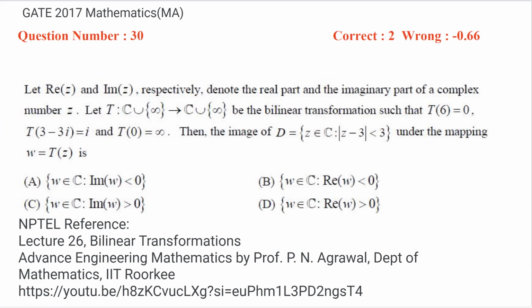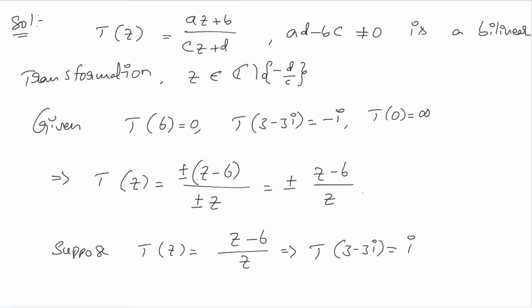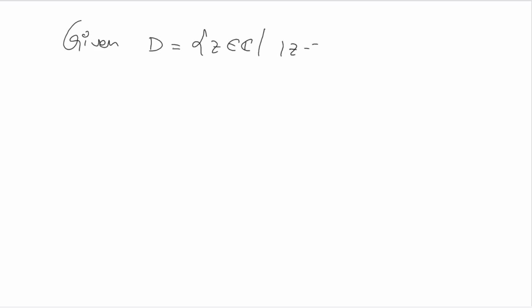But it is not what is asked. It is asked for the image of this circle under this map. So for this, we have to look at this circle. Given D is the set of Z in C such that modulus of Z minus 3 is less than 3.